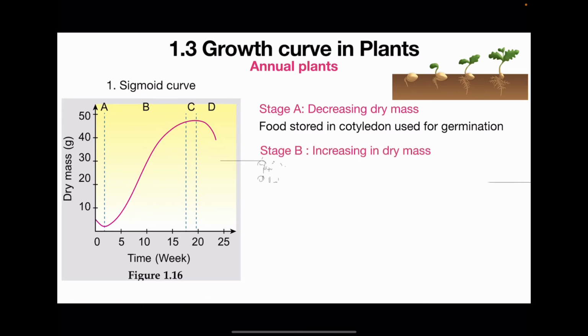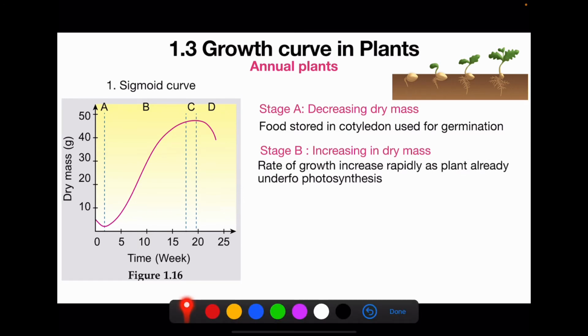Stage B is due to the occurrence of leaves on the plant, and if there is a leaf, the plant will undergo photosynthesis. So it can produce food, and the food is used to produce more leaves, stem, and also roots. That's why the mass increases until point 3.